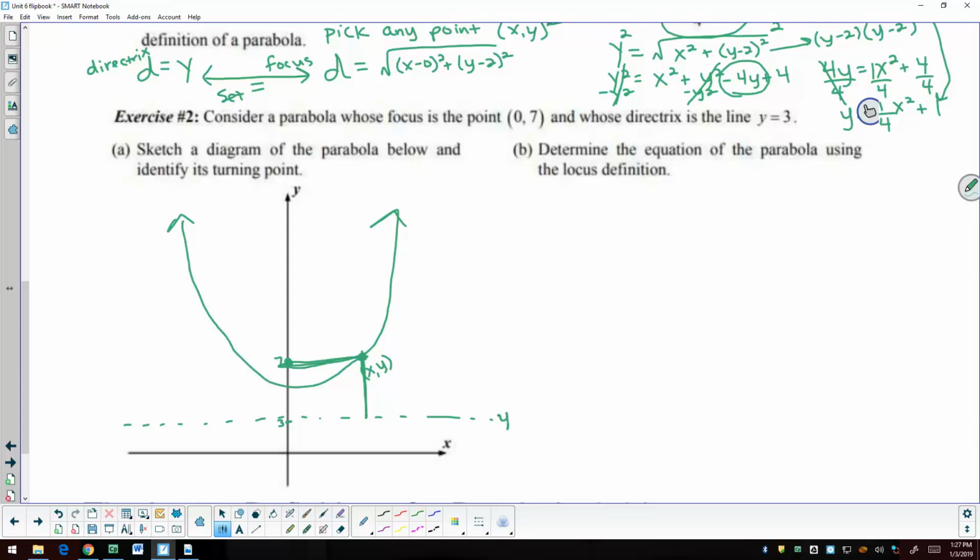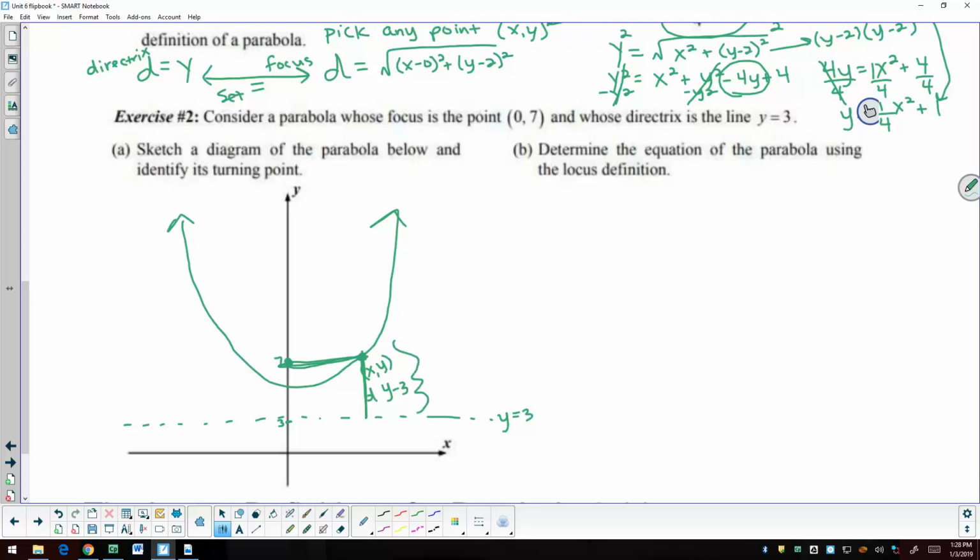Well, if this is the line y equals 3, this point is y minus 3 away from this line. So take, for example, I don't know, this was 8. It would be 5 away from this line. 8 minus 3 is 5. So therefore, this distance is y minus 3.